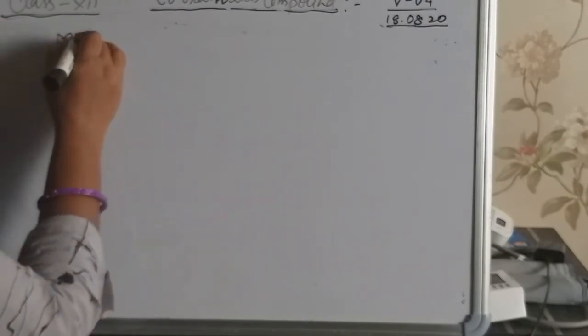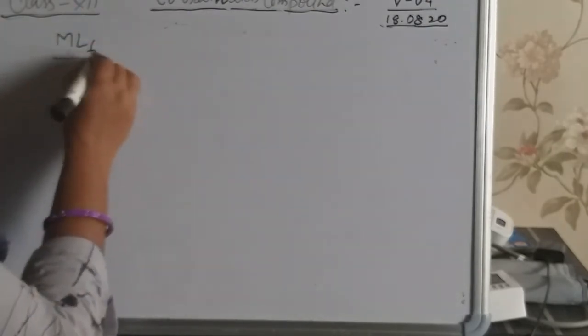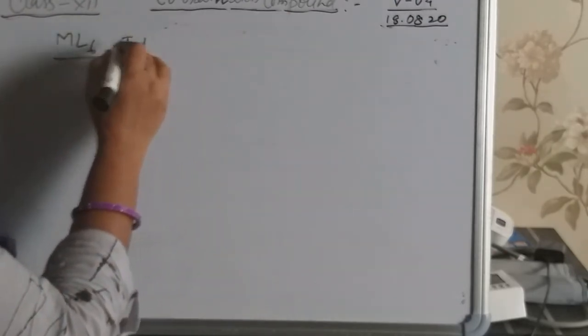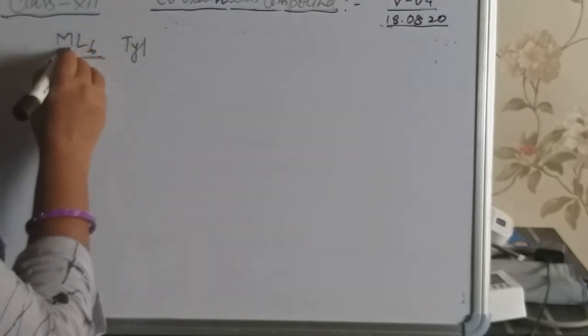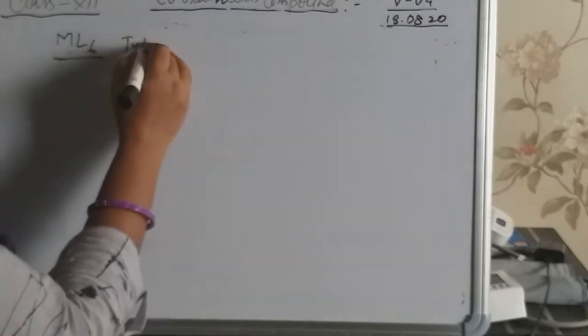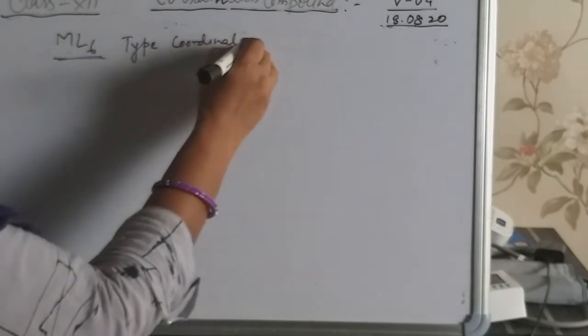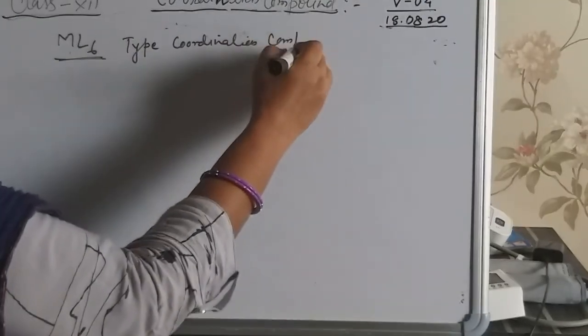So let's discuss. Suppose we take an ML6 type coordination compound, means M is the central metal, L is the ligand.